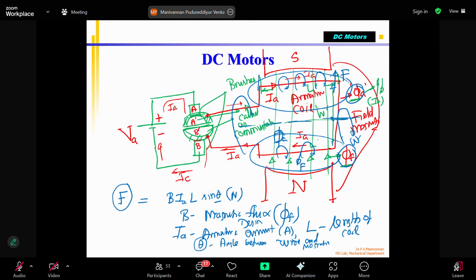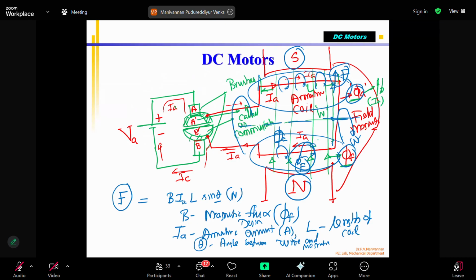On both sides there are two forces acting. One force from the top coil has a magnetic field which is interacting with the south pole of the field magnet. Similarly, there's a magnetic field here that is interacting with this. There are two forces created, one at the bottom side and one at the top side. So because of that, the net result is that torque T is produced.